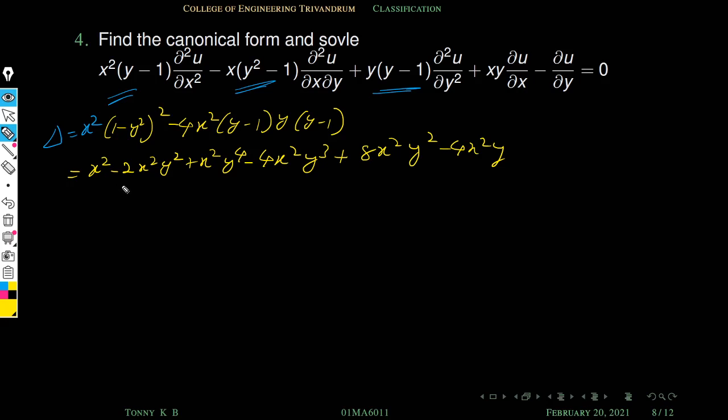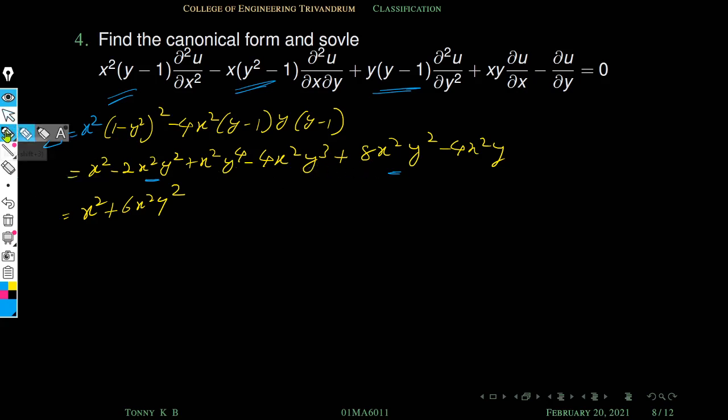Okay. Now this is x square. One term is x square, and this term is minus 2x square y square. This is 8x square y square. So comparing these two, this becomes plus 6x square y square, right? Then this is x square y raised to 4. Okay, no other term, x square y cube.